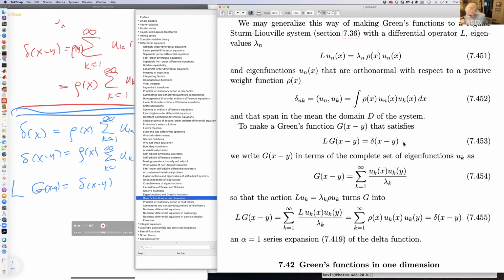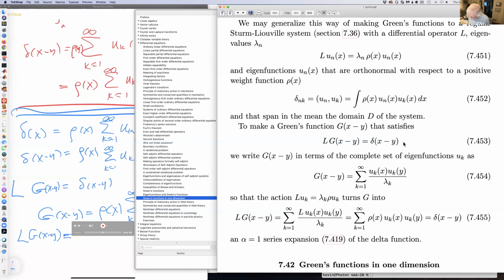Let me write G of x minus y as something like this: rho of x, sum k equals 1 to infinity, and then I'm just going to put constants here, ck, uk of x, uk of y. Now when L hits this, we get LG of x minus y.